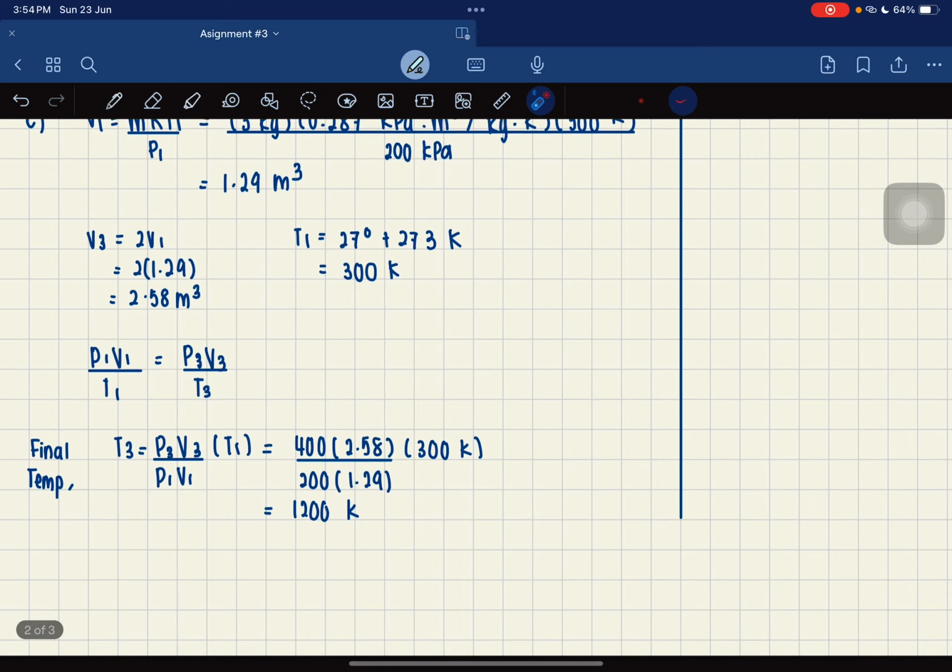The final temperature we get is T3 equals P3 times V3 over P1 times V1, times T1. So the final answer we get is 1200 Kelvin.